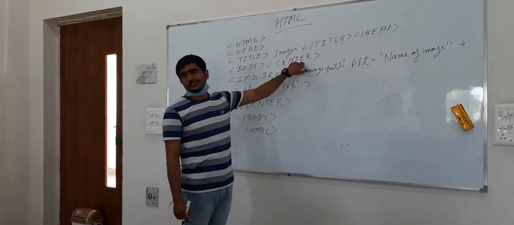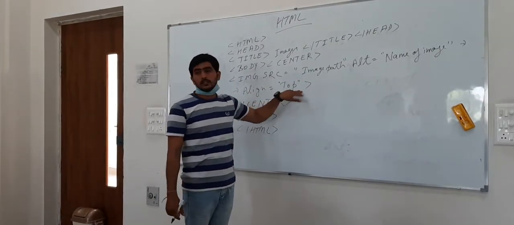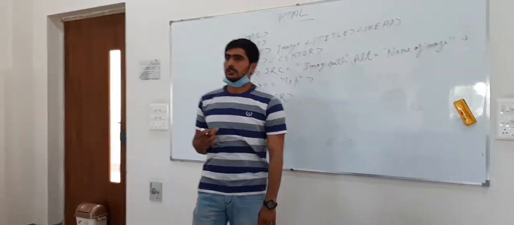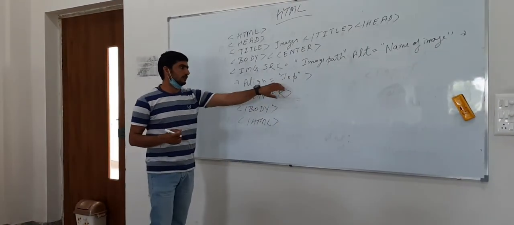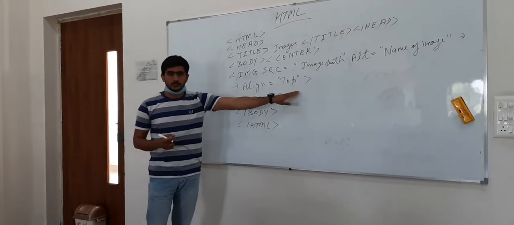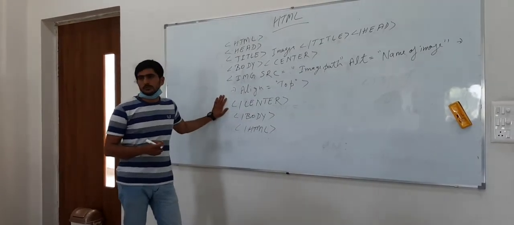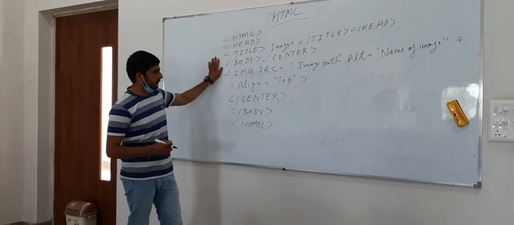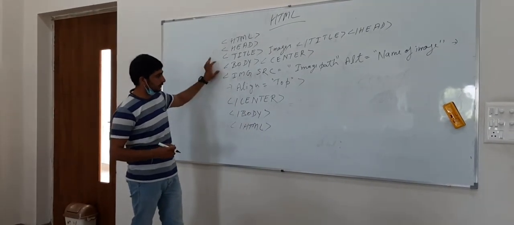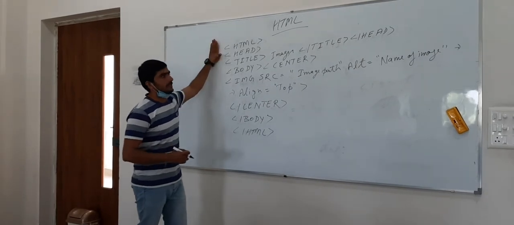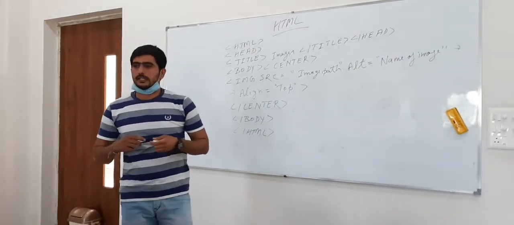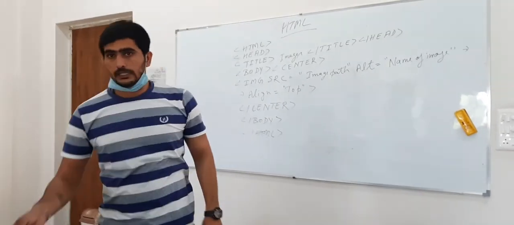Here we are deciding where the picture will be shown. This is the top alignment, showing the picture at the top of the web page. Now the center has been closed because the center work is done, the body has been closed, and now the HTML. So start working on that program and check for errors. If errors come, we will clear them.